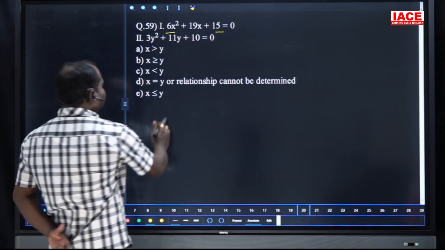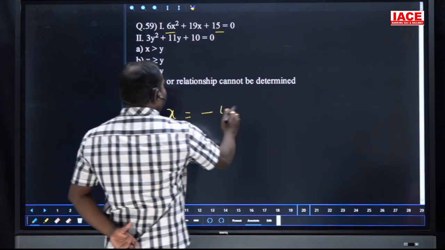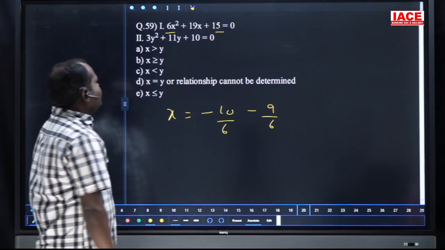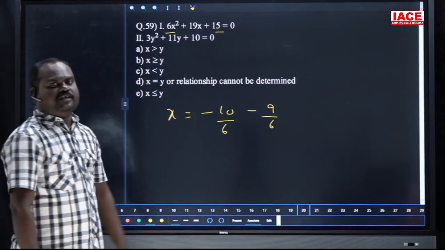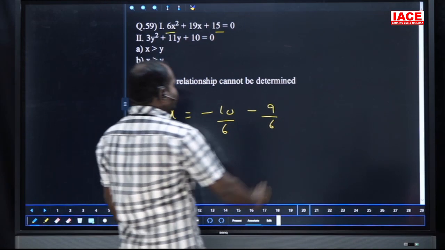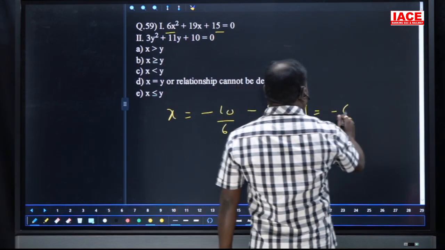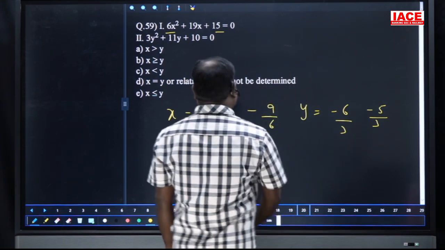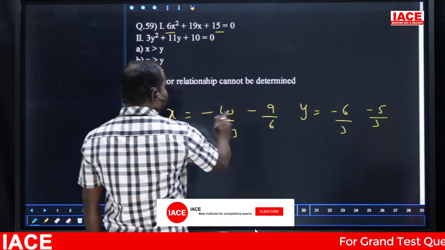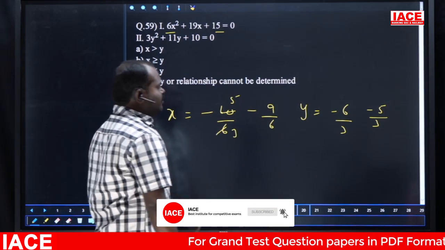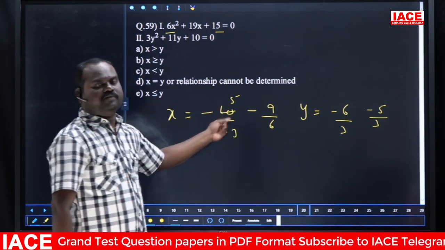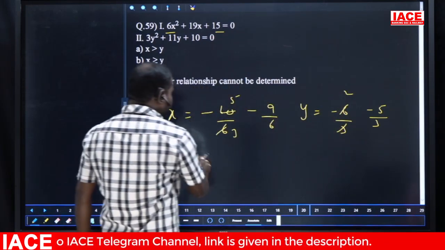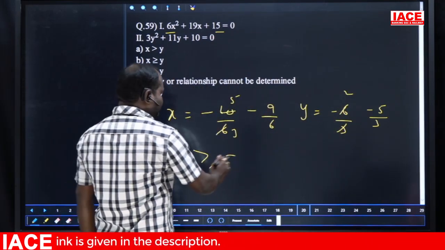So the x values are minus 10 by 6 and minus 9 by 6. 3 tens are 30, 6 5s are 30, 6 plus 5 is 11, so the y values are minus 6 by 3 and minus 5 by 3. Minus 5 by 3 is 1 point something, clearly greater than 1.